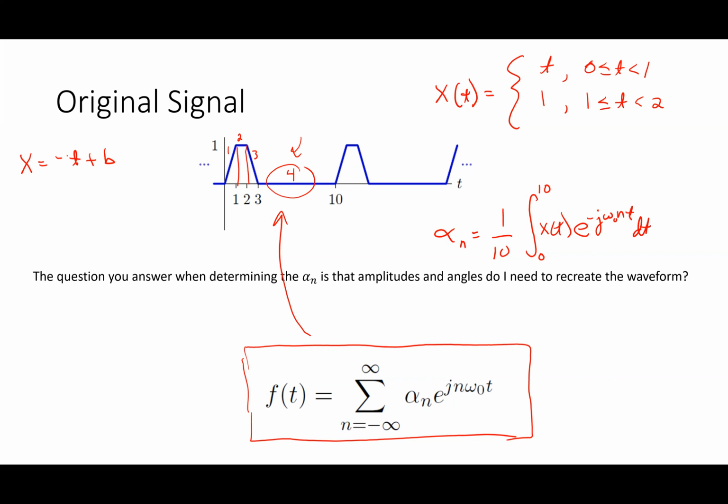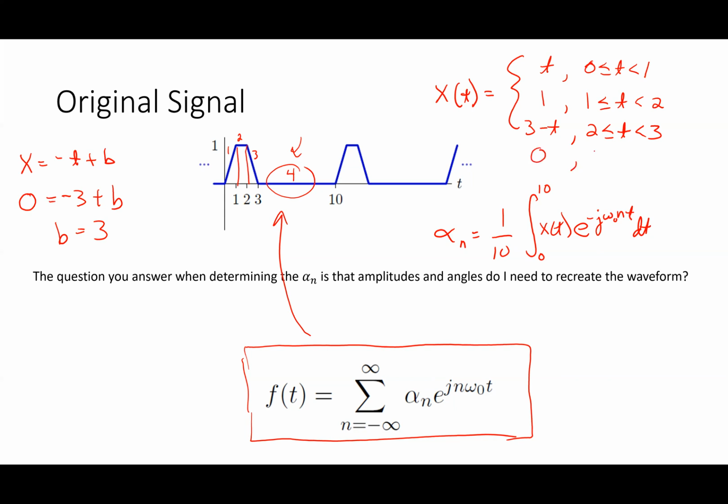I think a lot of people tried to put in minus t. That's not minus t, that's minus t plus b. So x equals 0 when t equals 3. So minus 3 plus b says that the offset of that guy is 3. So this guy would be 3 minus t from 2 to 3.